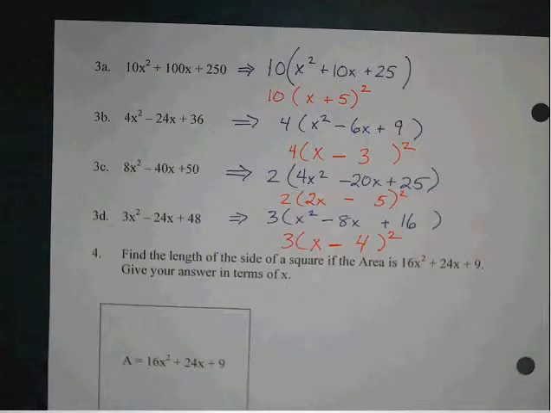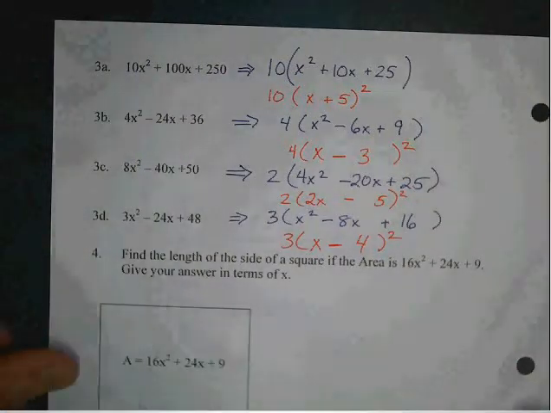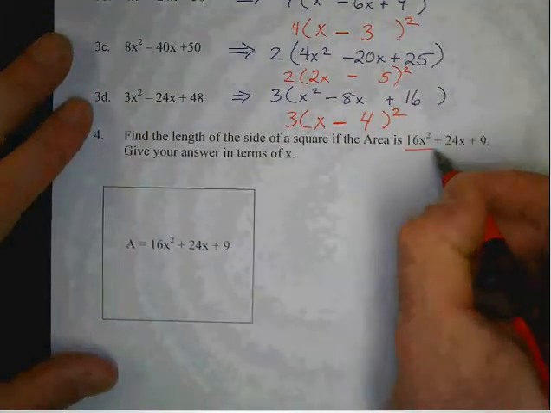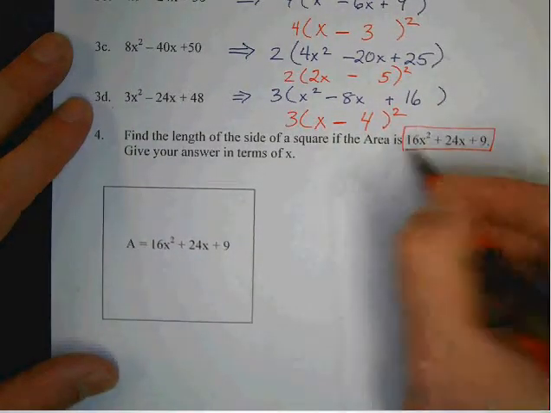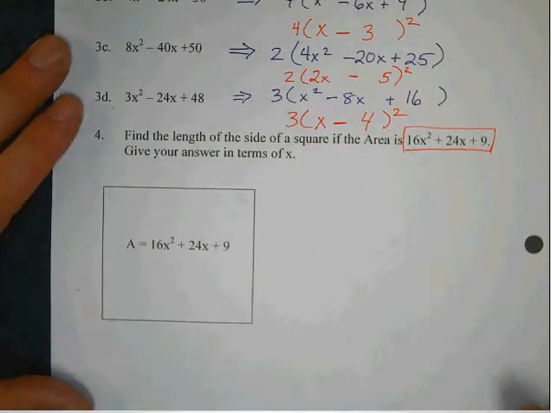So level 1, really straightforward. Level 2, I put some numbers in front. Level 3, you might have a GCF. Pretty straightforward? All right, so I kind of put it into an application here. A square has area 16x squared plus 24x plus 9. What do you know about the area of a square?